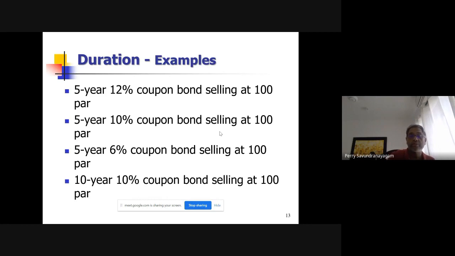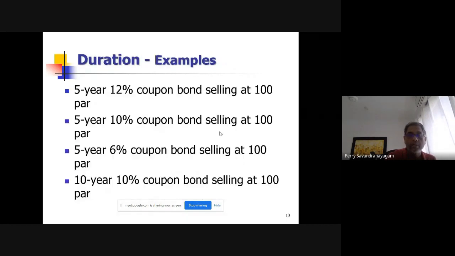For all of this, the coupon is paid every year. And you have a 10% bond selling at 100 at par, a 6% bond, and a 10-year bond at 10%. So you have 3 with the same period, different coupons, and 1 with a longer period and a 10% coupon. All are selling at par. So in other words, it's not selling at a premium or discount.